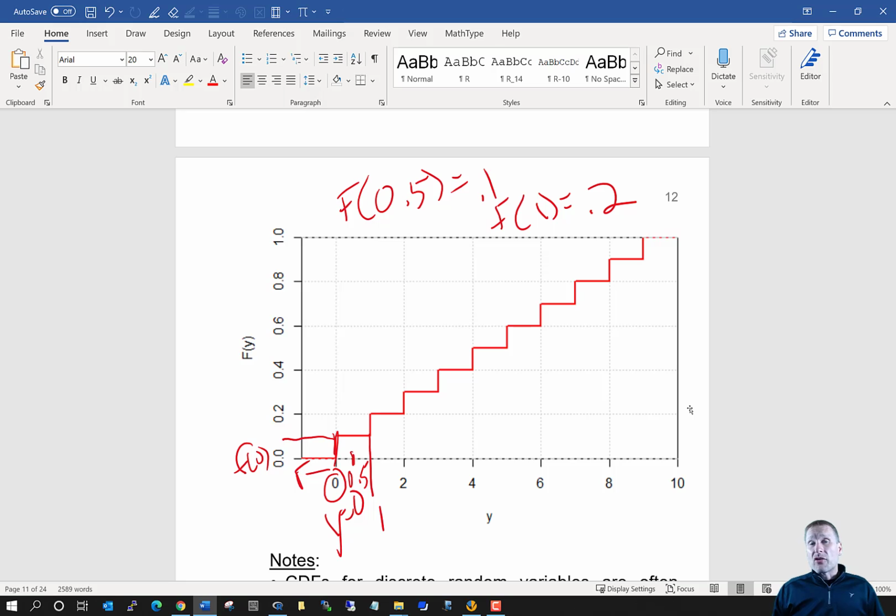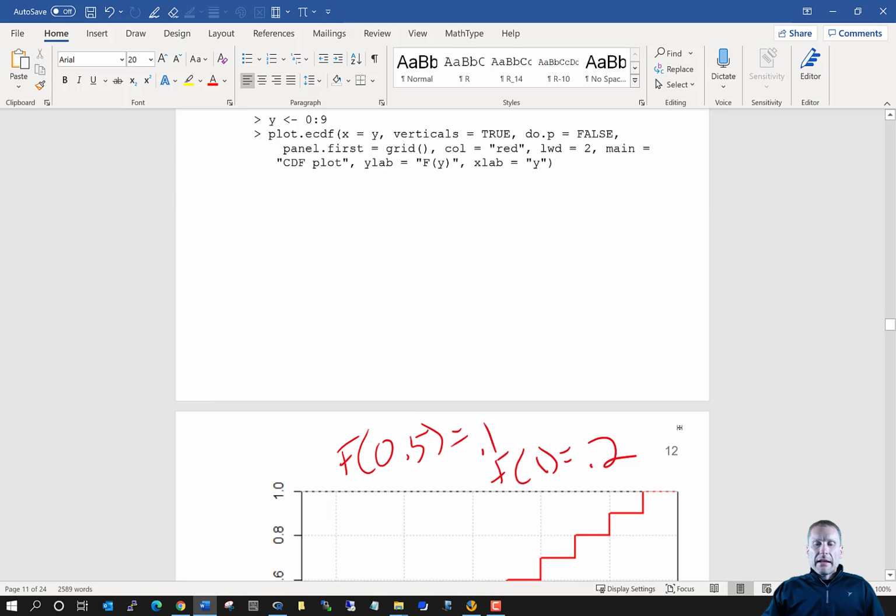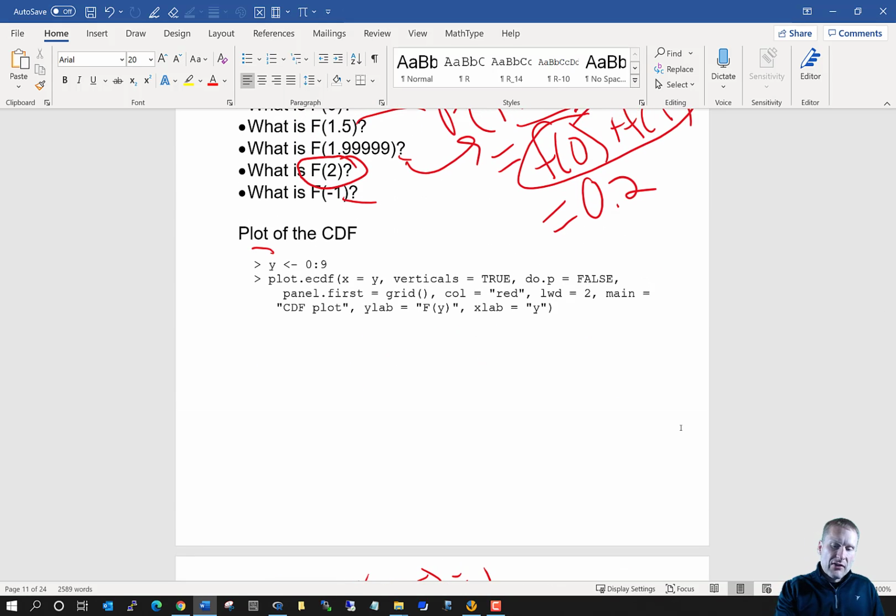Most people actually refer to this as a step function. So I take a step up once I hit y equal 1. I take a step up once I hit y equal 2, and so on. Now, how I actually did this plot, don't worry about that for now. Basically, I had to use a particular function here that we will talk about later in this course. So don't worry about that for now.